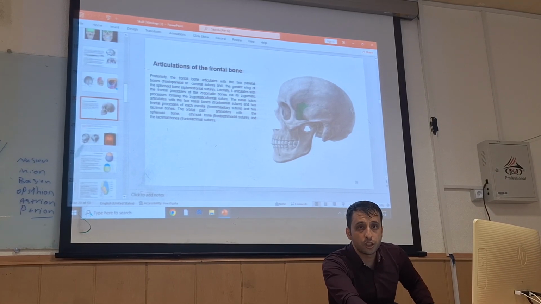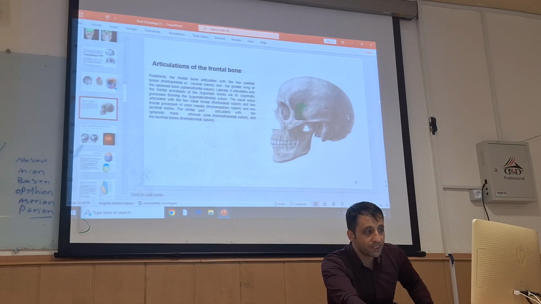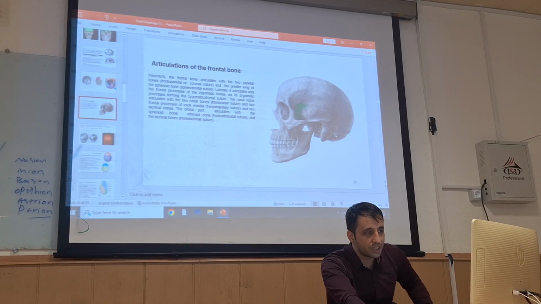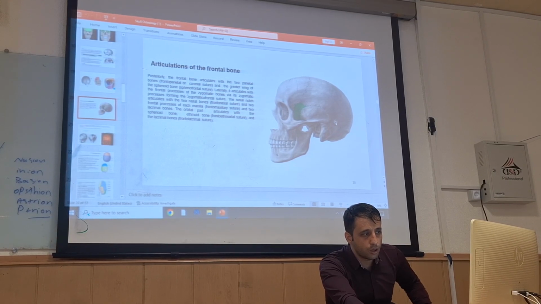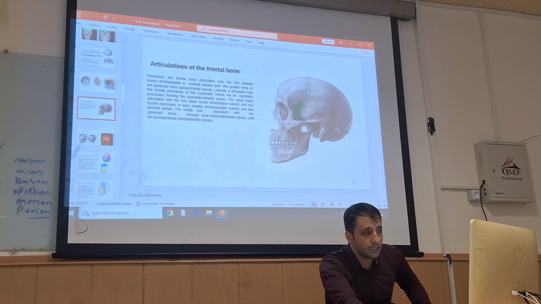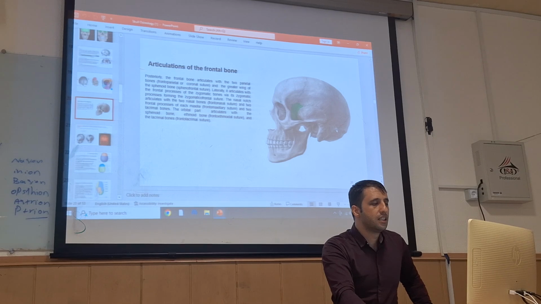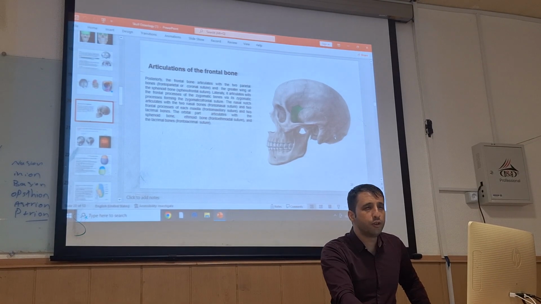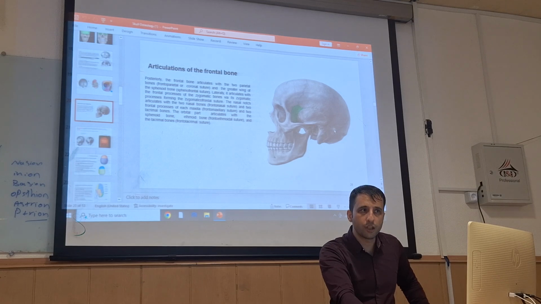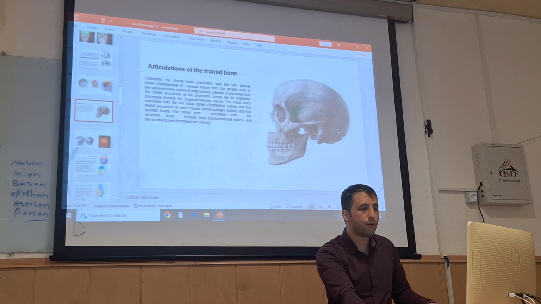It is the lambdoid suture. When the lambdoid, occipitomastoid, and squamous sutures arrive together, this area is named asterion. Asterion is the same as which fontanelle? The mastoid fontanelle. Yes, in the baby, the mastoid fontanelle is located at this area.